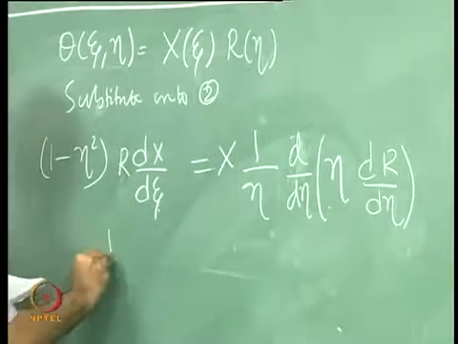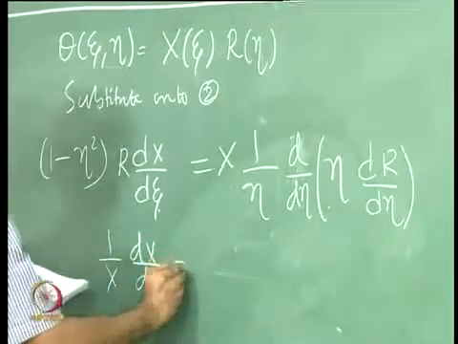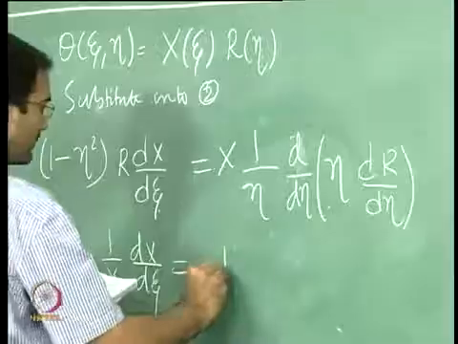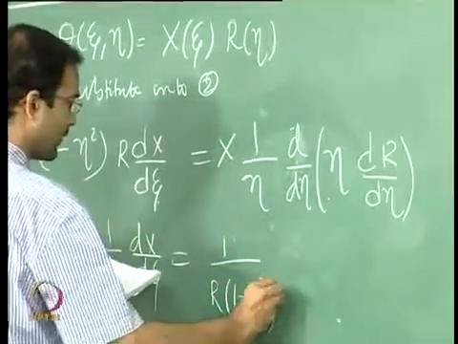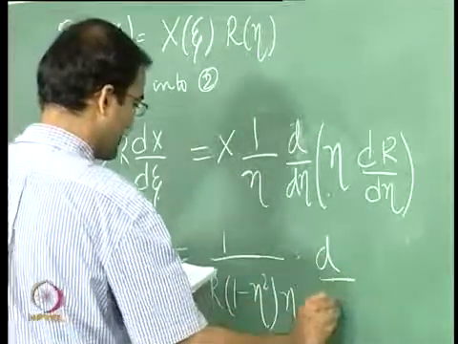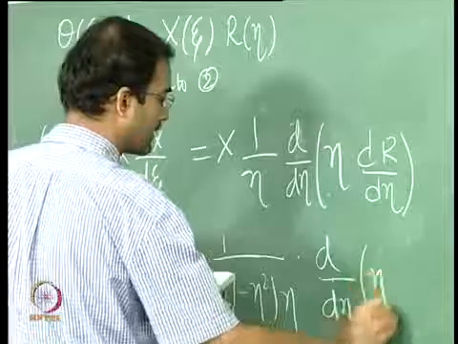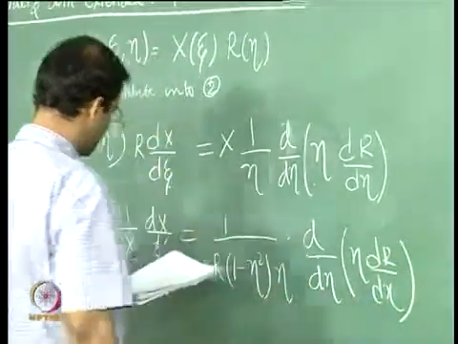So this becomes 1 by X dX by d zeta, equal to 1 by R into 1 minus eta square, into, I have already a eta here, d by d eta of eta dR by d eta.